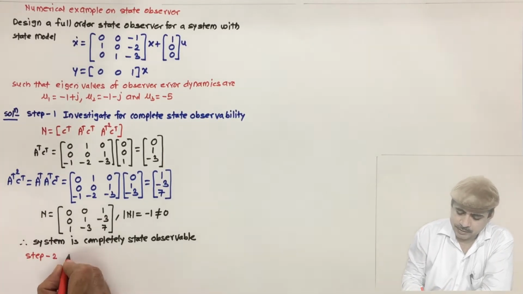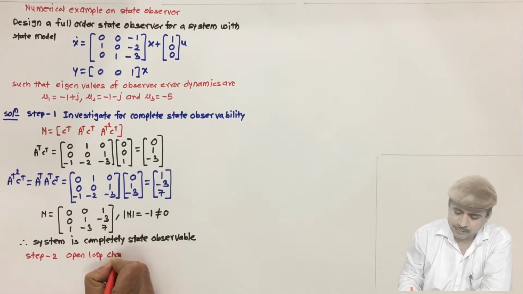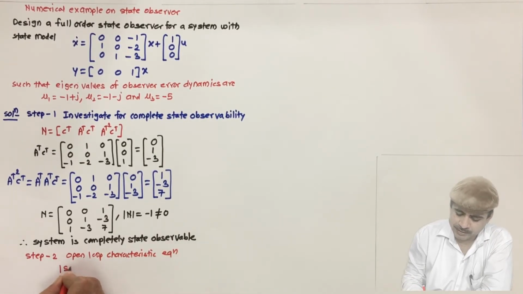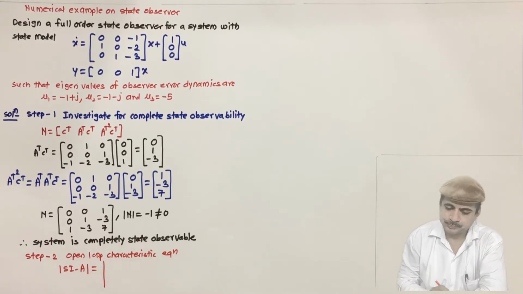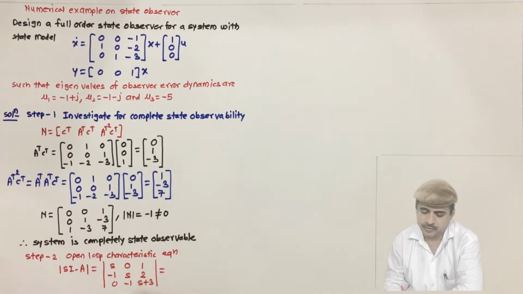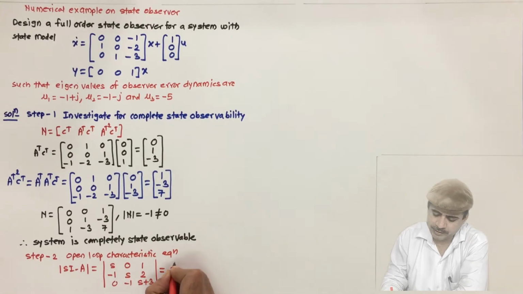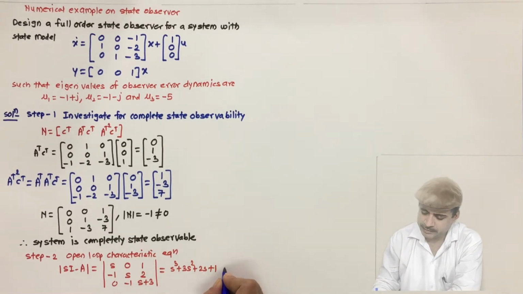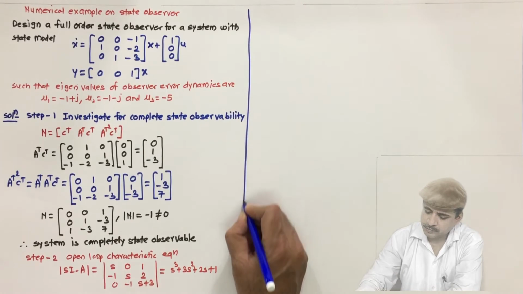Step 2 is the open loop characteristic equation, and that is the determinant of sI minus A. If I put this, it is [s 0 1; -1 s 2; 0 -1 s+3], and if I solve this determinant, it will be s into s square plus 3s plus 2, so it is s cube plus 3s square plus 2s plus 1.